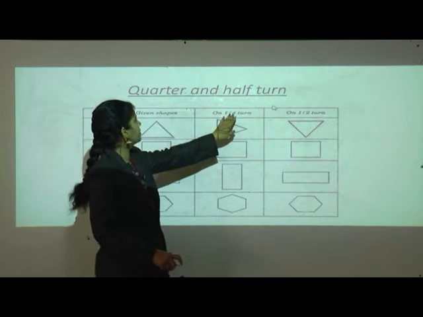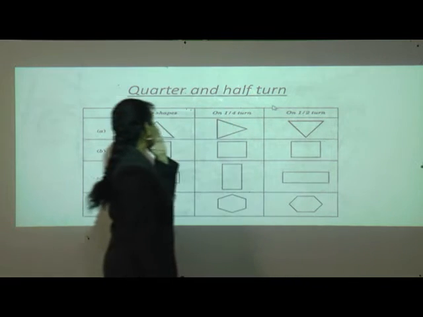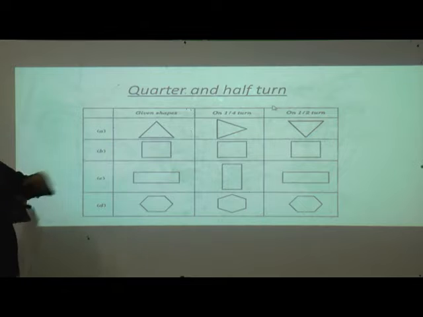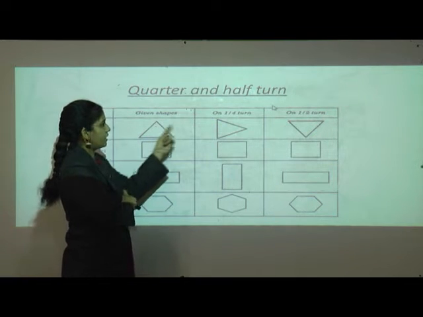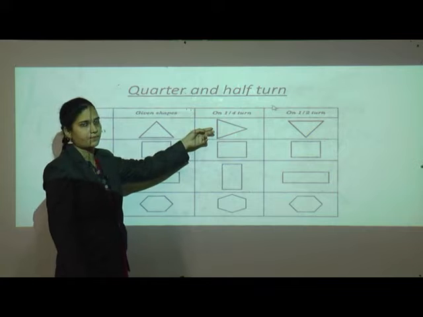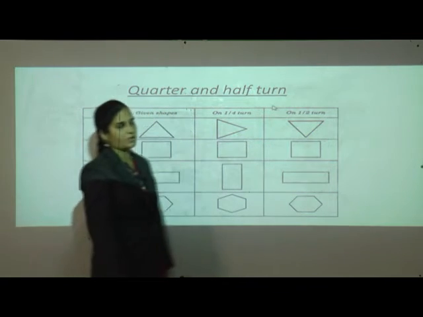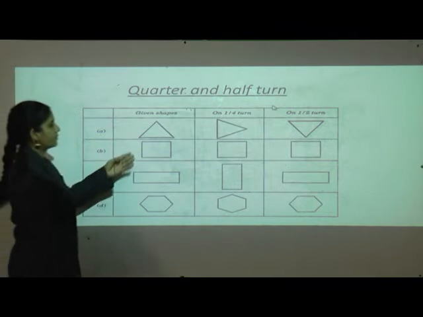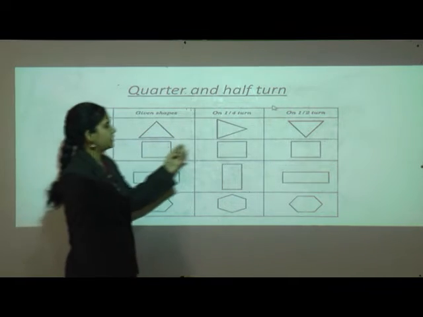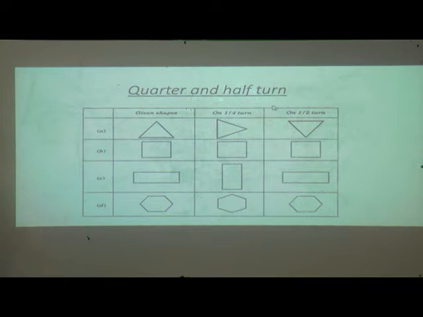So 1/4 means quarter turn and 1/2 means half turn. Say if we rotate the triangle in the clockwise direction, the triangle will look like this, and for a half turn it will look like this. Again, the square will look the same for a quarter turn and a half turn also.